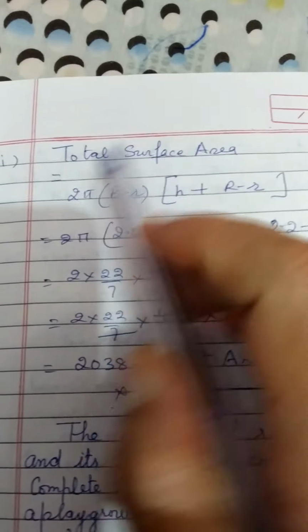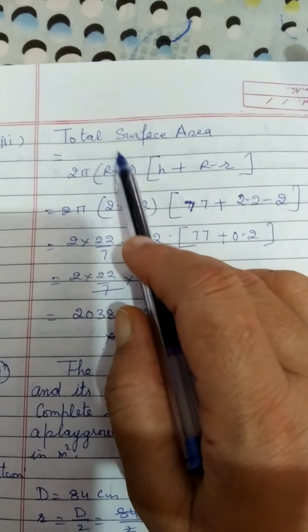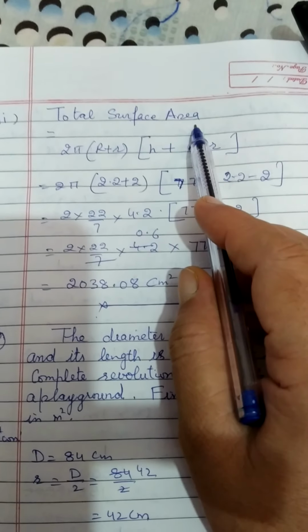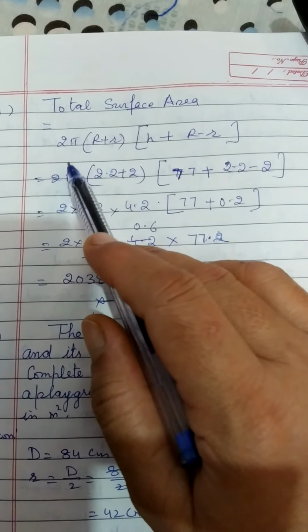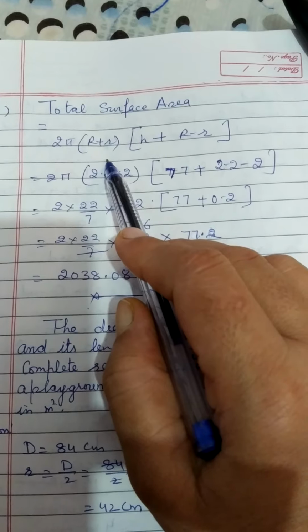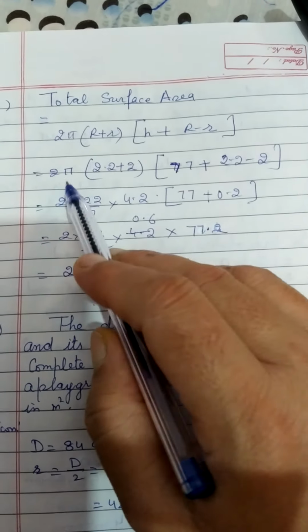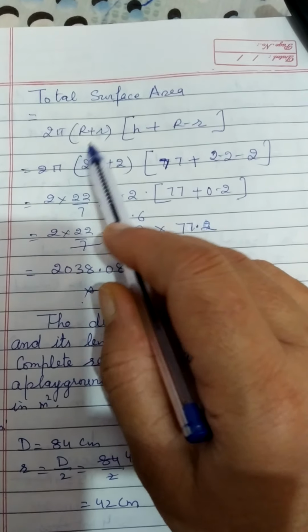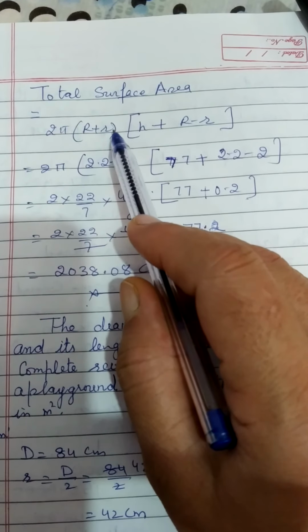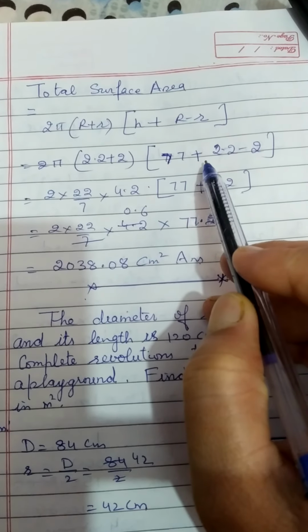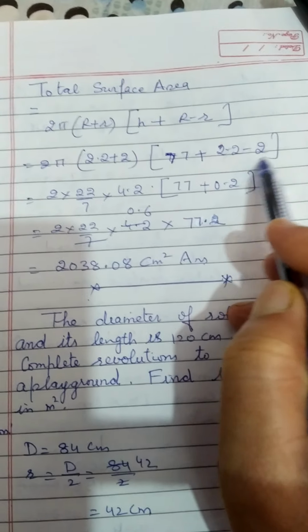Now the third part was to find the total surface area of the metallic pipe. To find the total surface area, the formula is 2 pi into R plus r into h plus R minus r. That is 2 pi, R plus r, capital R plus small r, it is 2.2 plus 2, height is 77 plus 2.2 minus 2.